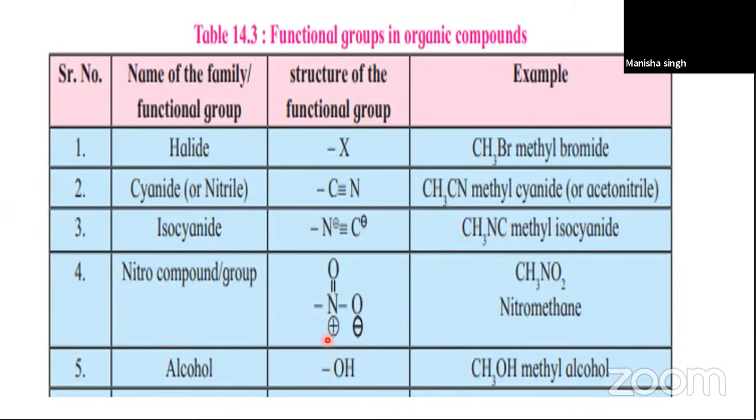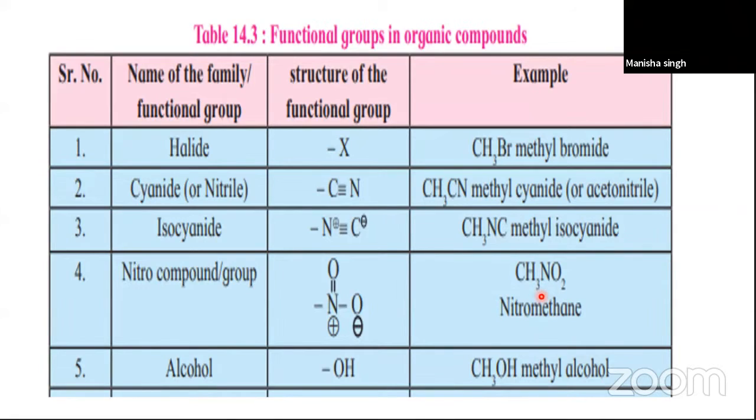That's why it is a nitro compound. The example is nitromethane. With the CH3 group, the nitro group is there. Because from methane, one hydrogen is replaced by a nitro group, it is nitromethane.